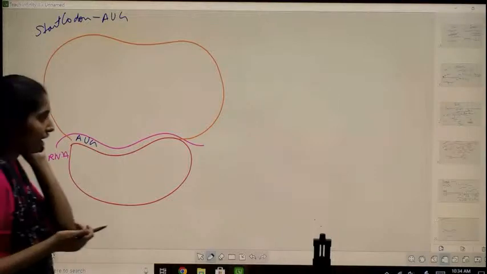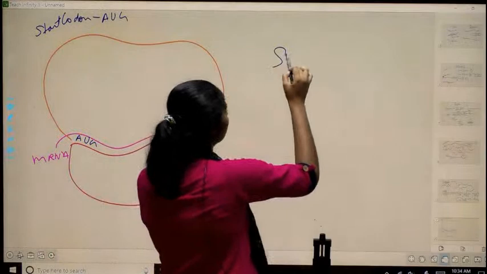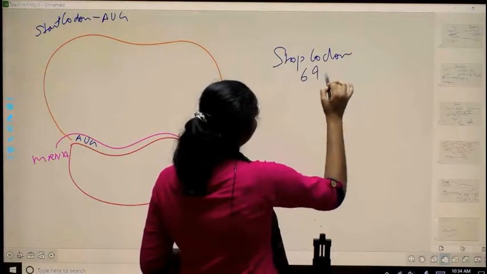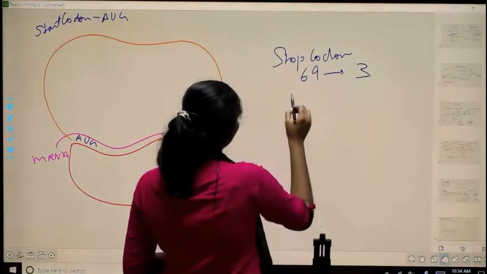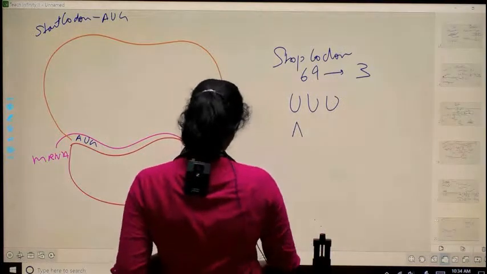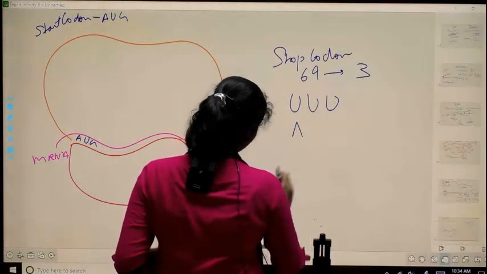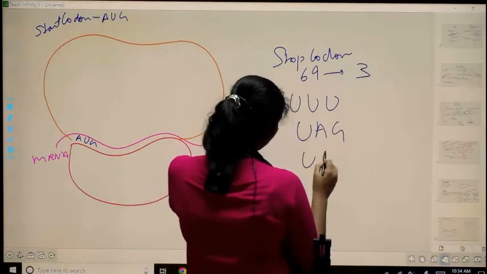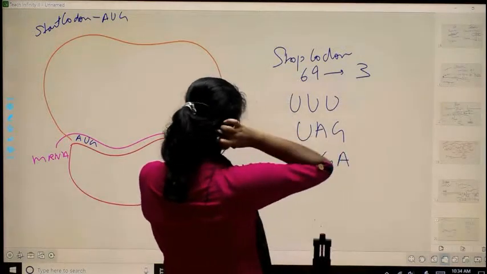We also have stop codons. Out of the 64, 3 are stop codons. We have UAA, UAG, and UGA. All of these are stop codons.